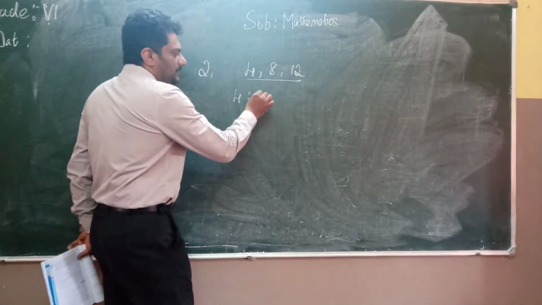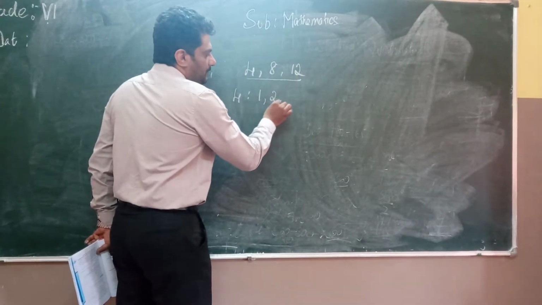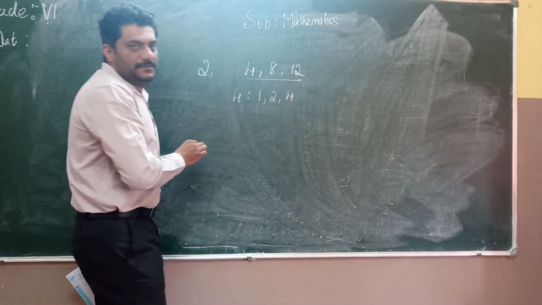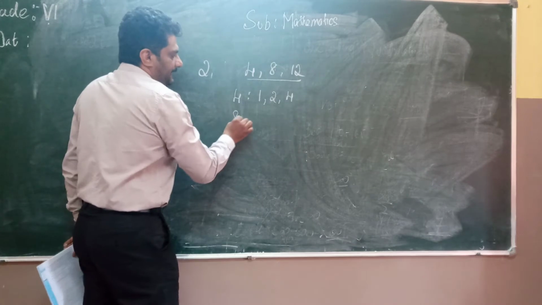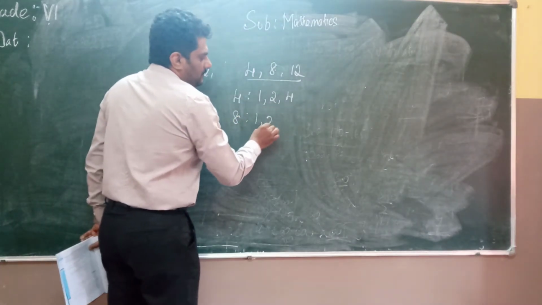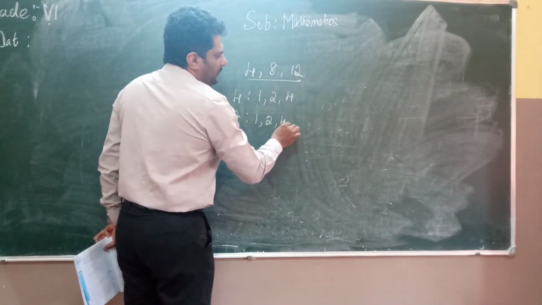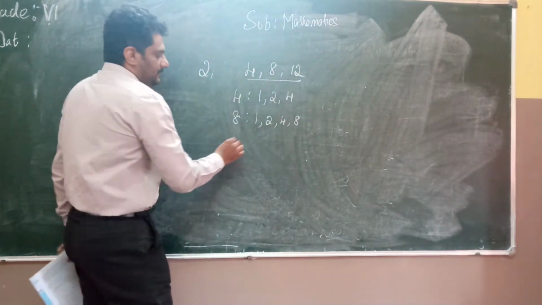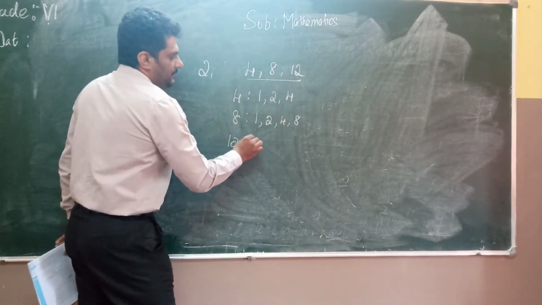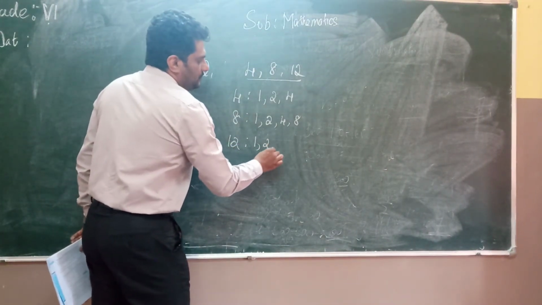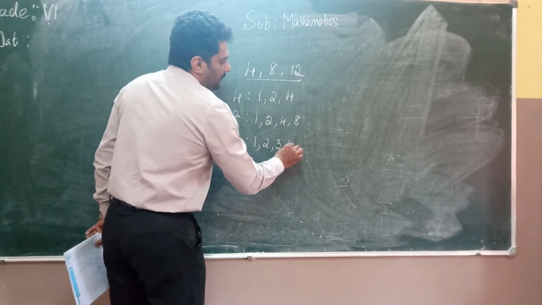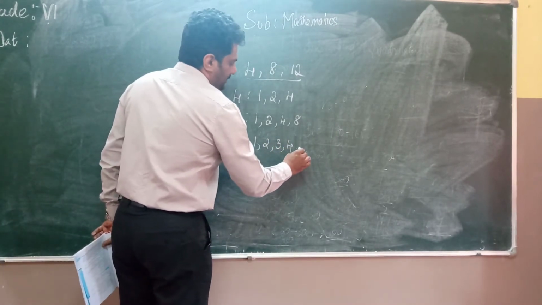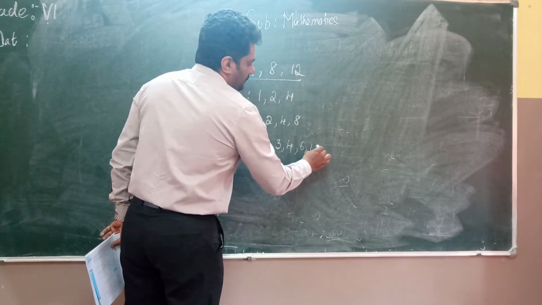We can start with 1 table, 2 table and 4 table. Next 8: 1 table, 2 table, 4 and 8. 12: 1 table, 2, 3, 4, 6, 12.